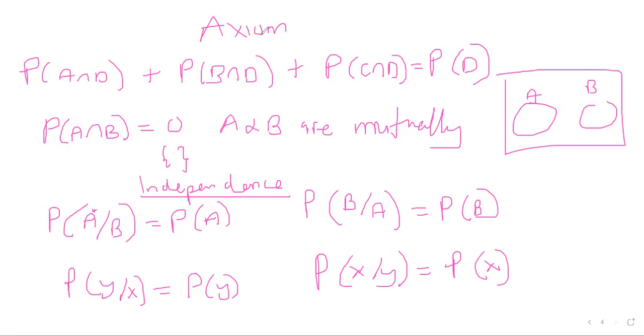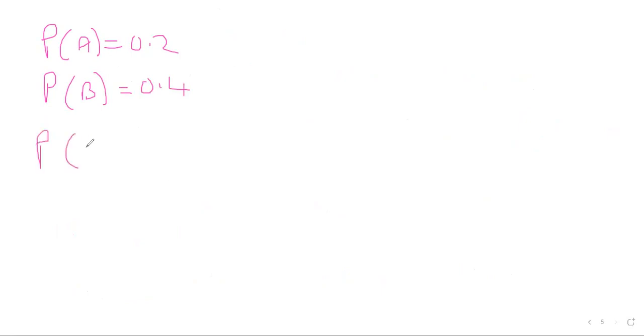And now a question will come as follows. Suppose the probability of A is 0.2, the probability of B is 0.3, and the probability of A given B is 0.2.